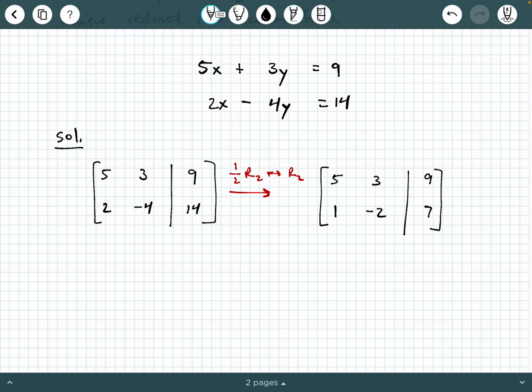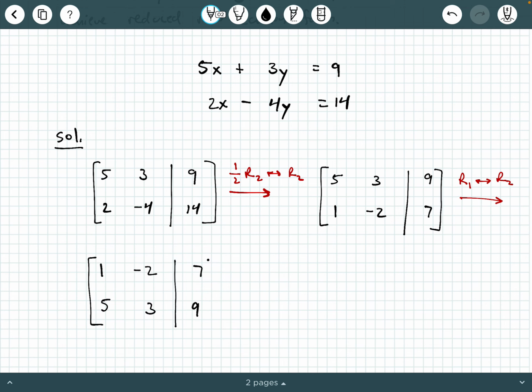So the most convenient way of doing that is we can say interchange row 1 and row 2, okay? So when we interchange row 1 and row 2, we've got 1, negative 2, 7, and then 5, 3, 9.